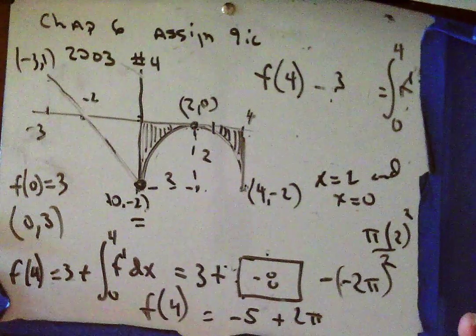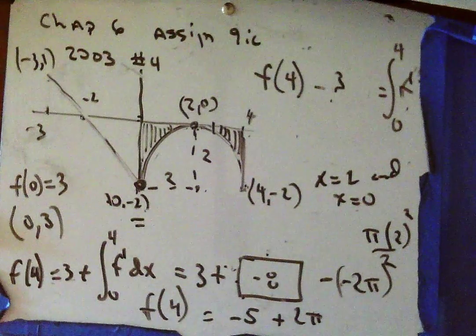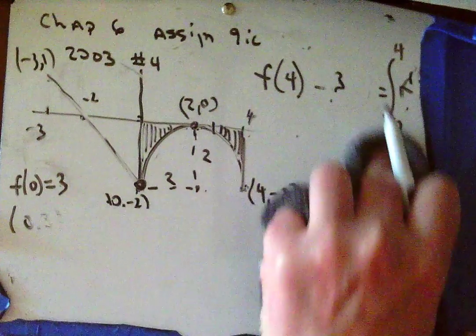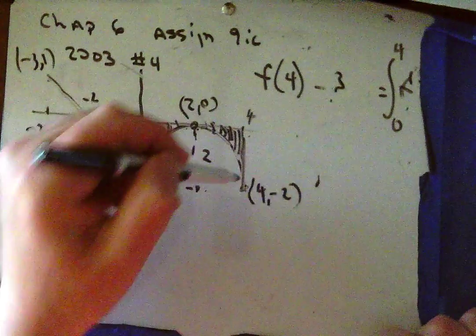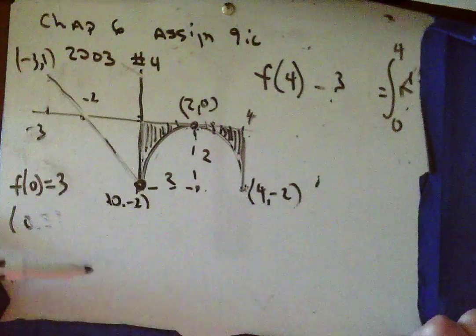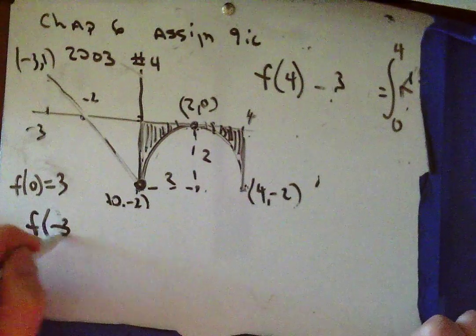Good. Now, what about f of -3? Well, f of -3 actually has us integrating backwards. F of 4, we were going this way and accumulating area as we went this way. Now we want to find f of -3.